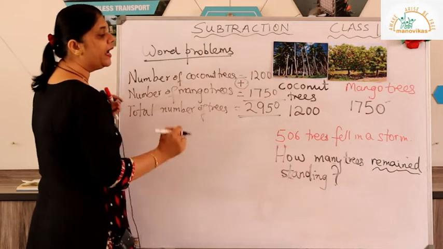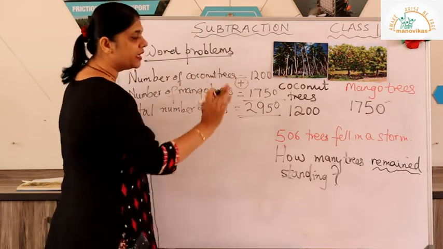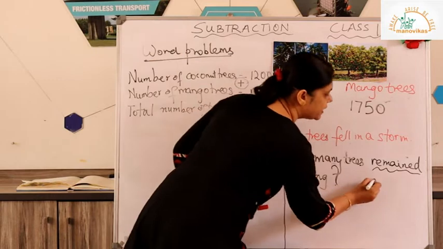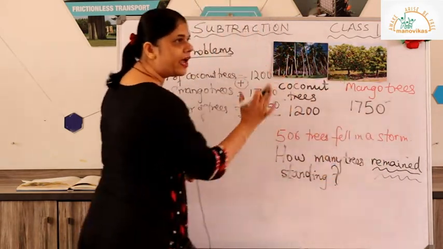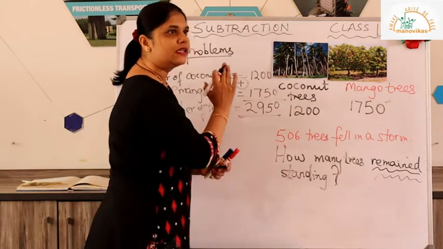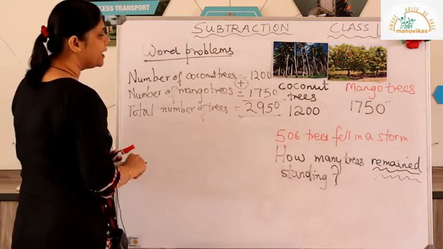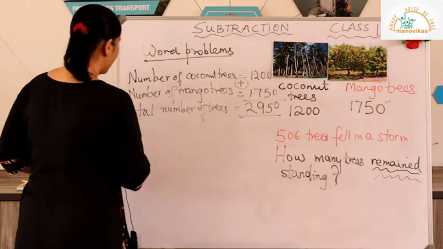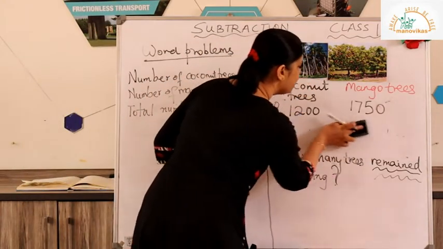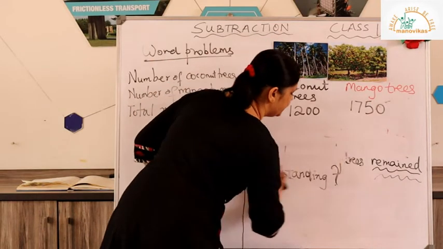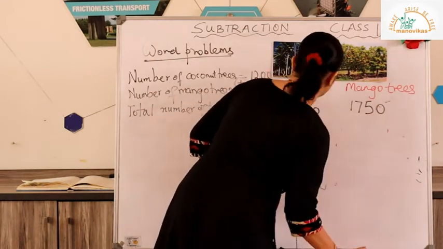Now in the storm, how many trees were damaged? 506. So to find the remaining trees, or the trees that remained standing, look at this word which I have underlined, remained, means left. For left, what we have to do? We have to subtract. So now to find the number of trees which remain standing, I will minus 506 trees from the total.